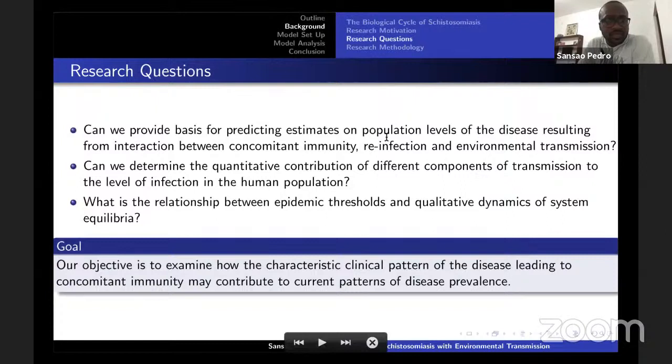So our interests were motivated by these factors. In terms of research questions, we outlined very simple questions that we thought we could try to understand through a basic model.